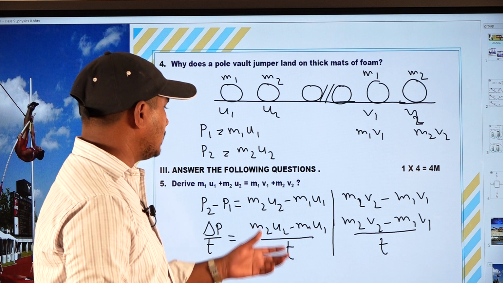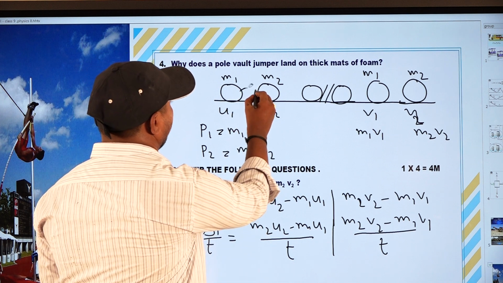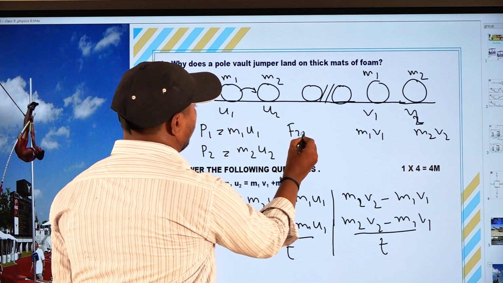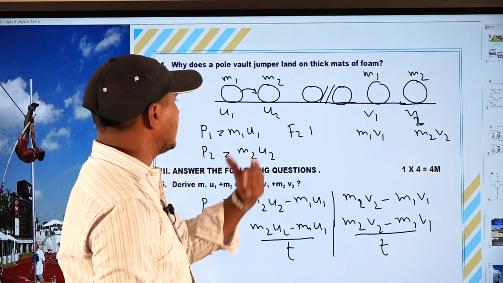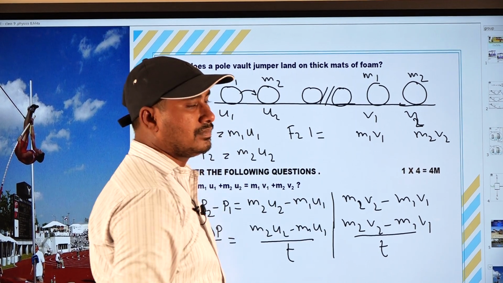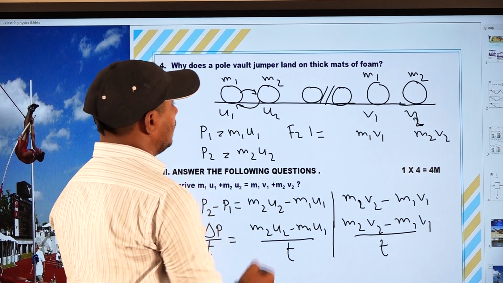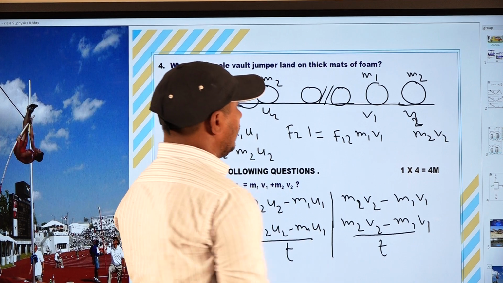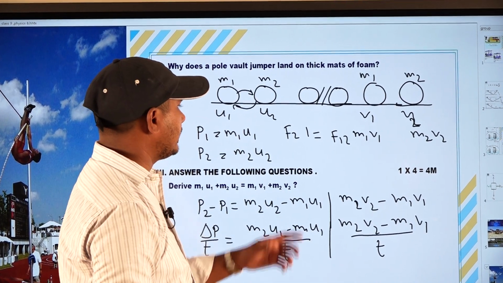Next, according to Newton's laws, the force that the first body exerts on the second body is F21, and the force that the second body exerts on the first body is F12.